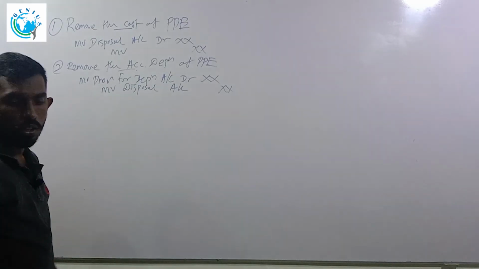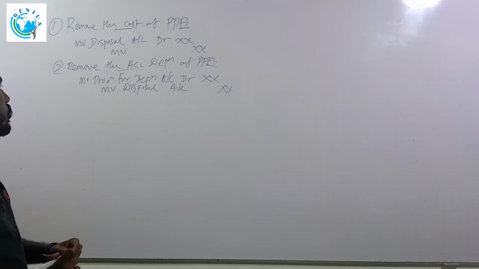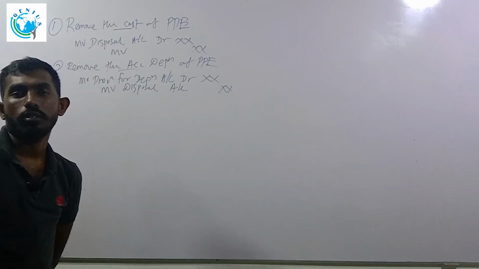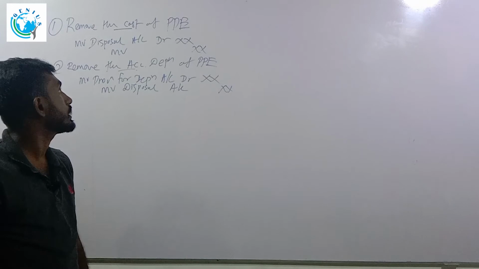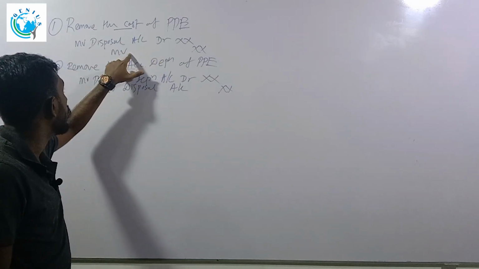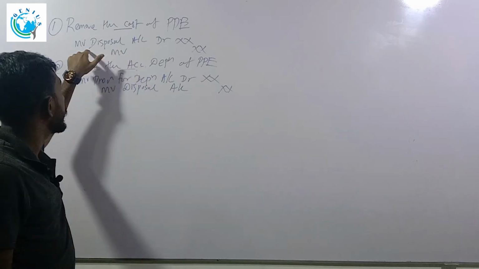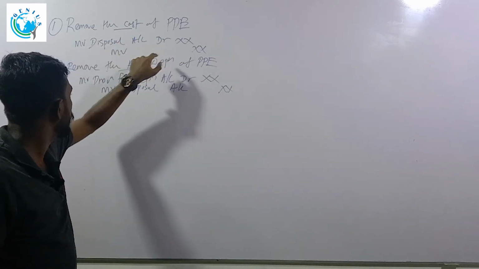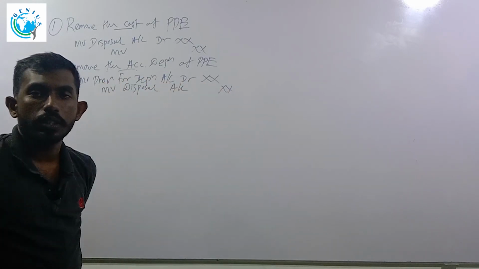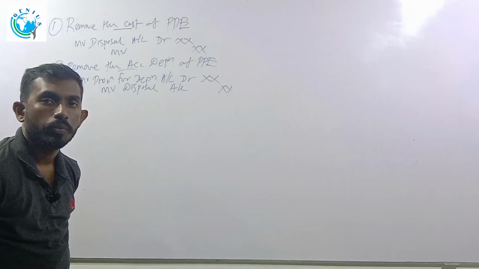Right. So now you have removed the cost and you have removed the accumulated depreciation as well. So in the disposal account, on the debit side you have the cost, and on the credit side you have the provision for depreciation or the accumulated depreciation amount.